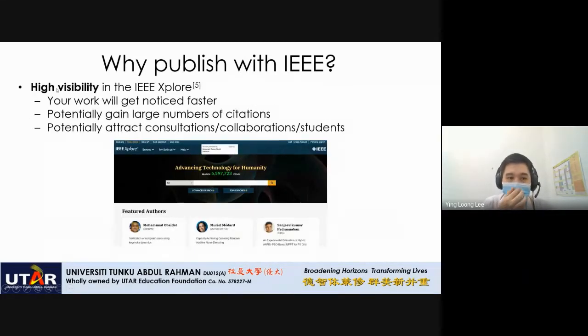Okay, next is the high visibility in IEEE Xplore. As I mentioned, there are many professionals, experts, and academicians that frequently browse the IEEE Xplore papers. So your work will get noticed faster, all right? And because there are so many subscribers to IEEE Xplore, your paper has a high potential to gain large numbers of citations.